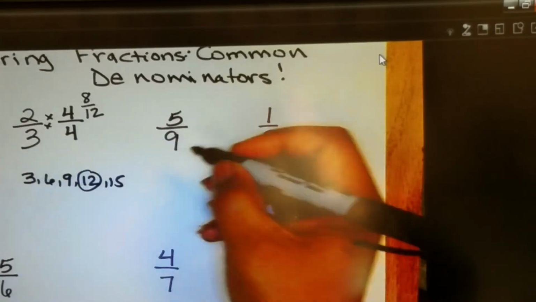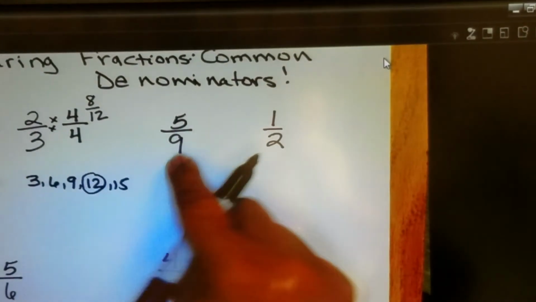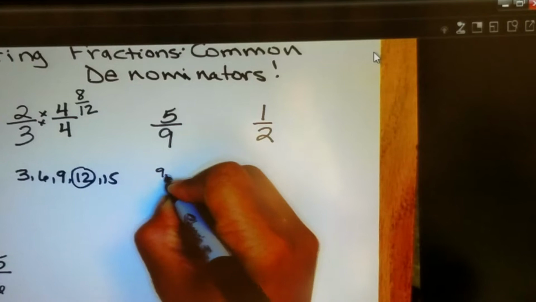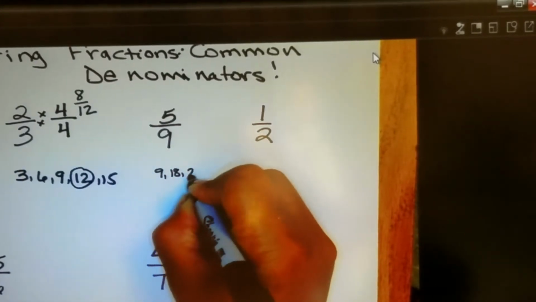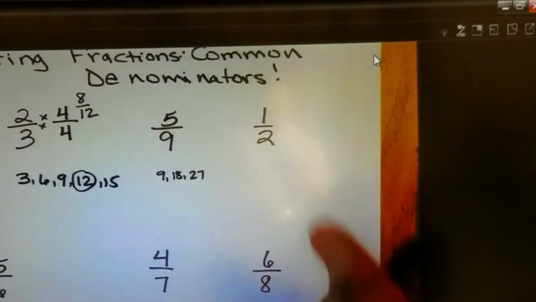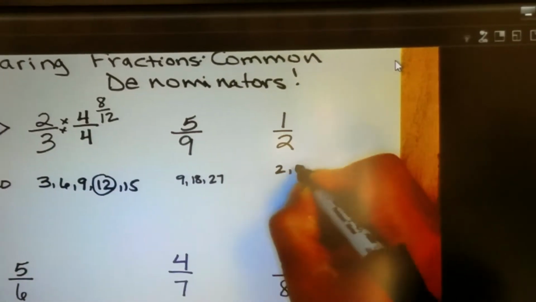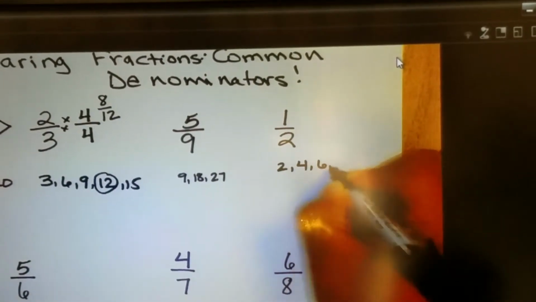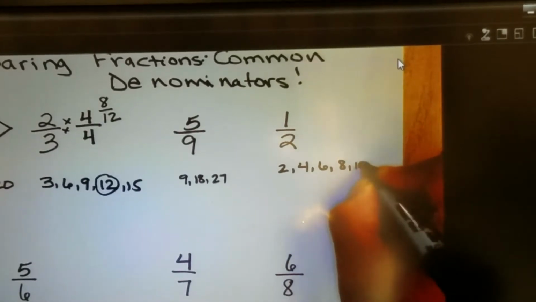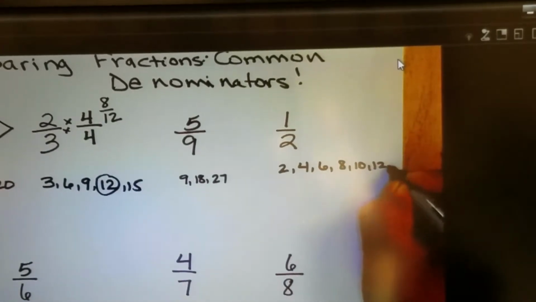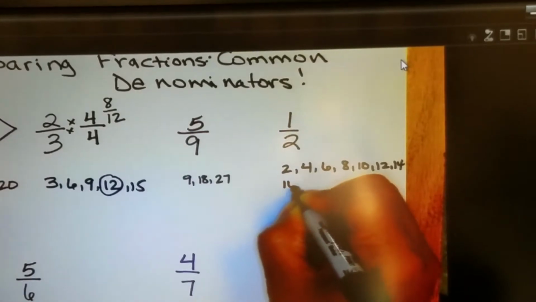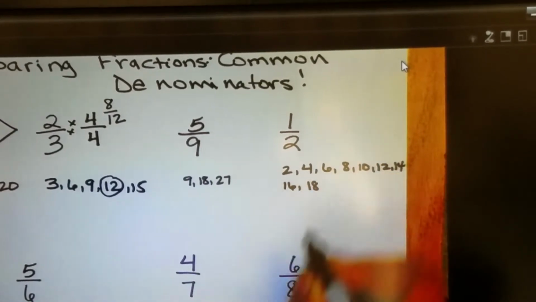As I compare my 9ths, I'm going to skip count by 9. 9, 18, 27. Then I will skip count my 2s. 2, 4, 6, 8, 10, 12, 14, 16, 18.